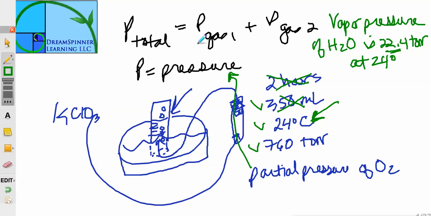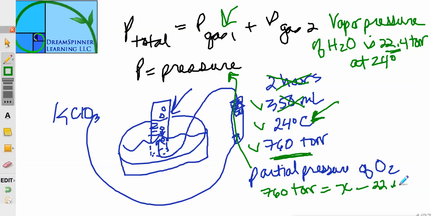So now all we do is plug in Dalton's equation. 760 torr is my total, so we say 760 torr equals X plus the vapor pressure due to water, which is our pressure due to gas number 2, 22.4 torr.